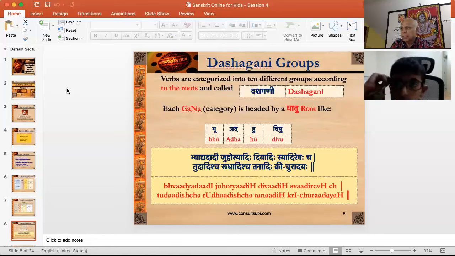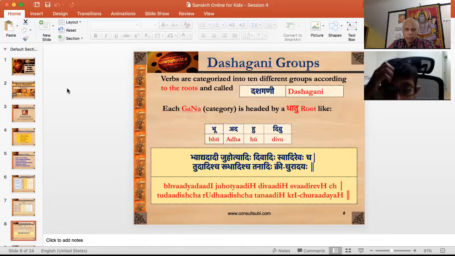What is important here is that this is giving all the 10 roots. Like Bhavatyadi means Bhu and Ad. Juhotyadi is Hu. Divadi is Div. Likewise, Sva, Reva, Tuda, Ruda. These are the different root categories. So you have those 10 root categories, what are called Dasha Gani.